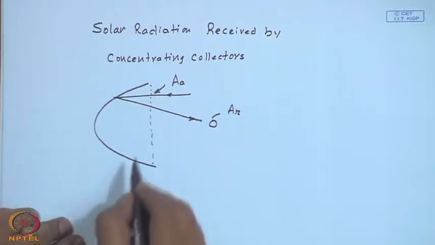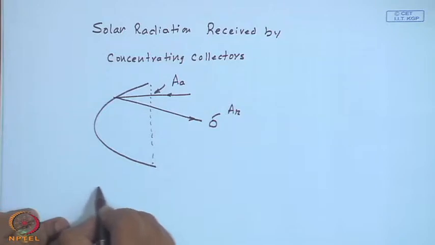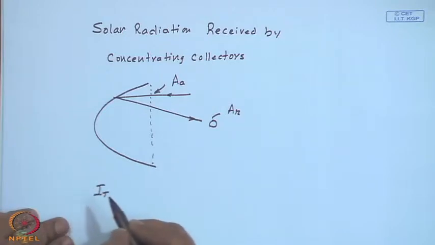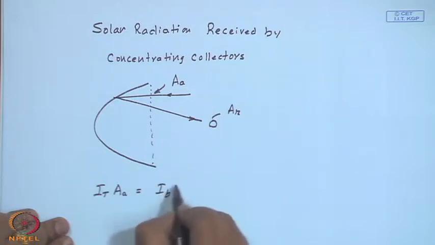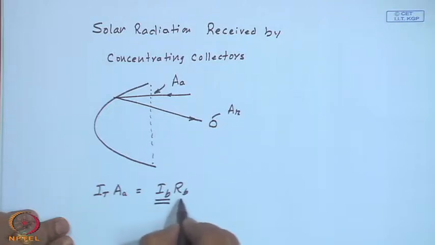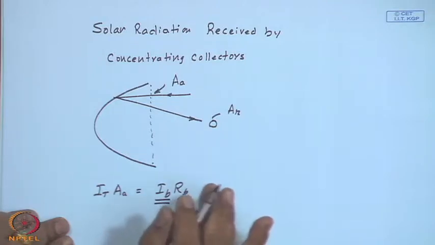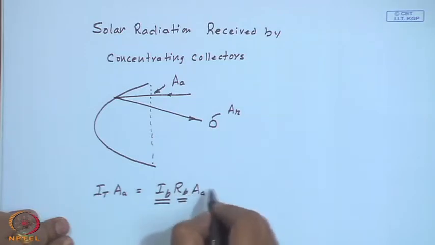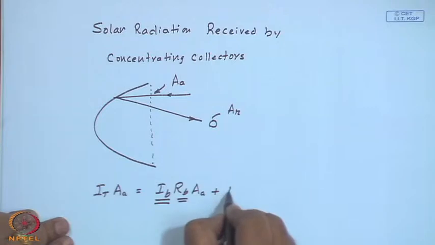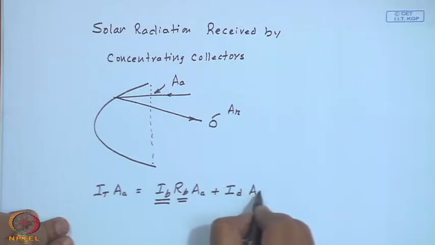So, per unit area of the aperture, if IT is the solar radiation received per meter square, multiplied by AA is the total radiation received by the aperture, it should be equal to IB RB, whatever is the radiation in the horizontal plane, multiplied by the RB factor for the aperture which is being tracked, times AA plus ID times AR.